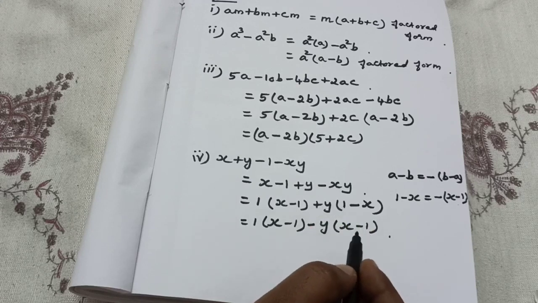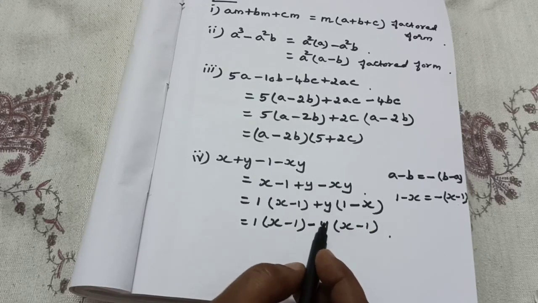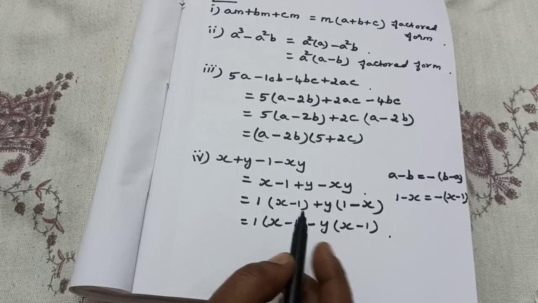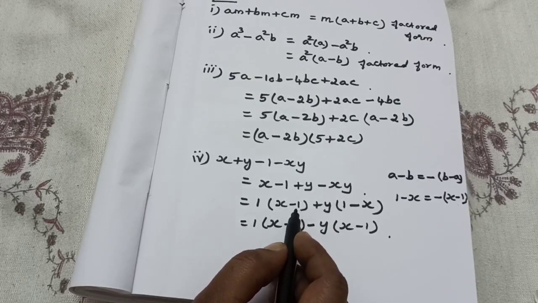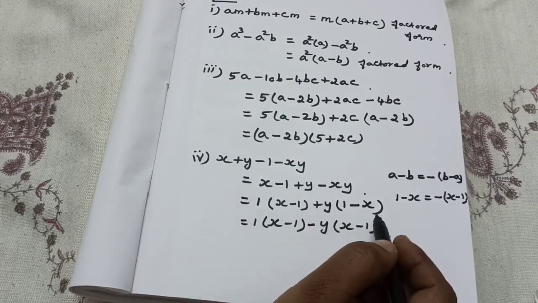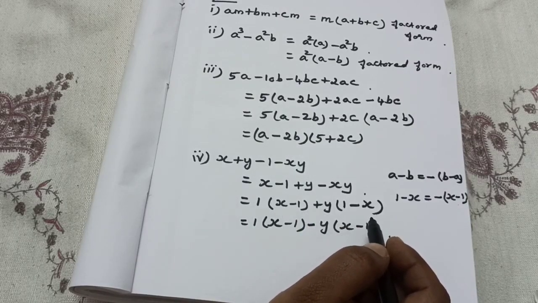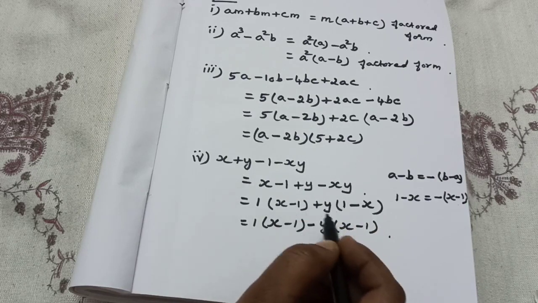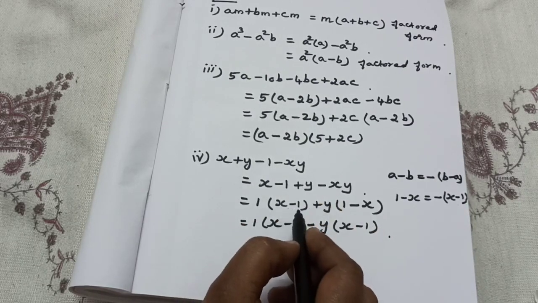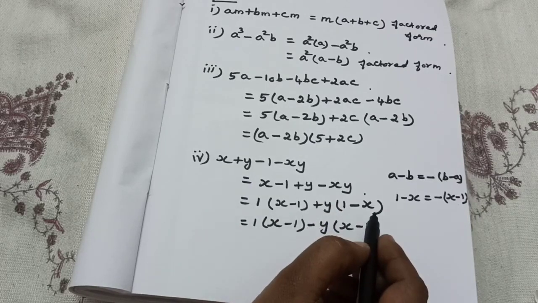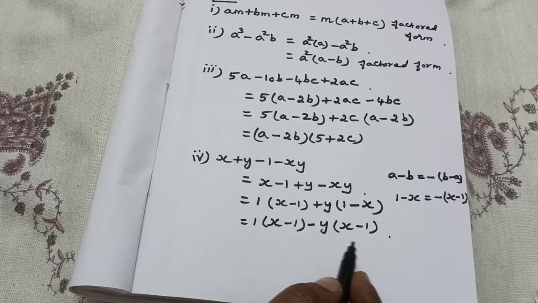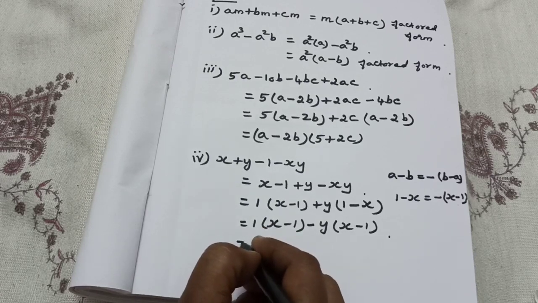Then it won't change, okay. So minus common we took outside. Then we wrote like this. Y means here x minus 1 is there. In the factorization method, if in 2 terms any one term is common, then we can take it outside. Okay, here x minus 1, but here 1 minus x. So minus common we took outside. That's the difference. Okay. Then equal to, now we can write.